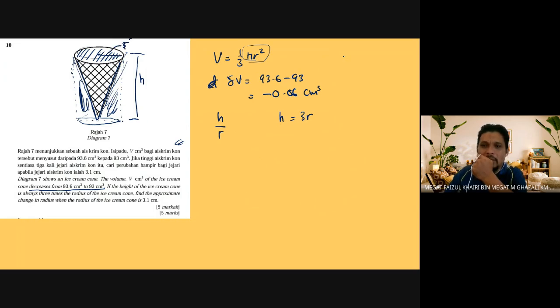Let's say if r equals 3, then the height is 3 times the radius, which is 3 times 3, equal to 9. This is only an example, because it did not mention what the height and the radius of the cone are.